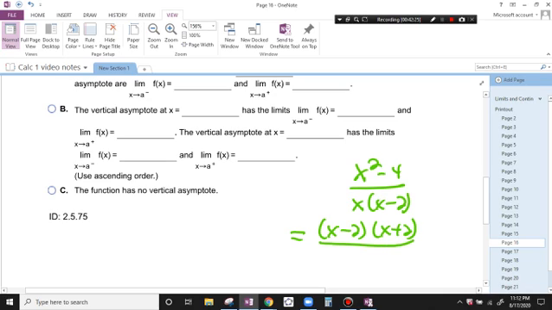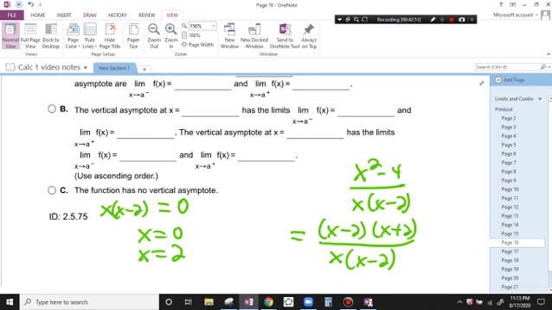And so upon initial inspection, it looks like we have issues when x is 0 and when x is 2, because those are the values that make the denominator 0. Again, just by setting the denominator equal to 0 and solving, we know that at least we're going to have some holes or vertical asymptotes at 0 or 2. We do the business of canceling.